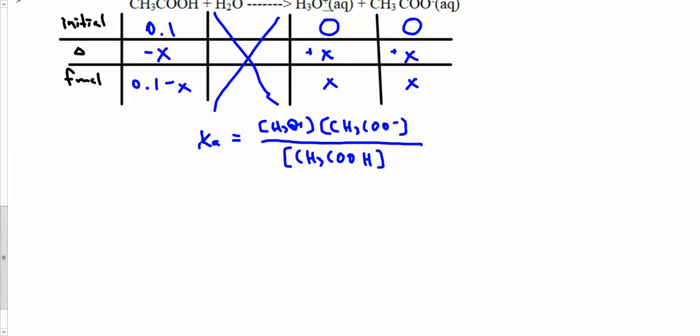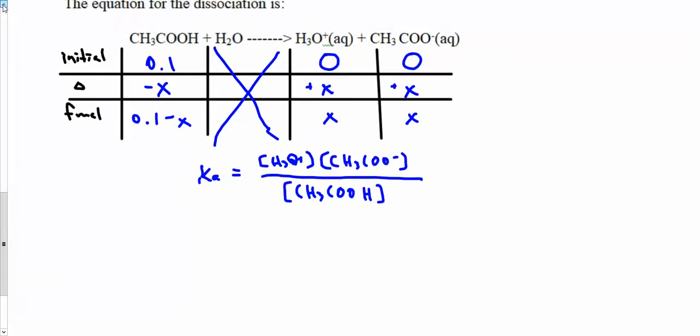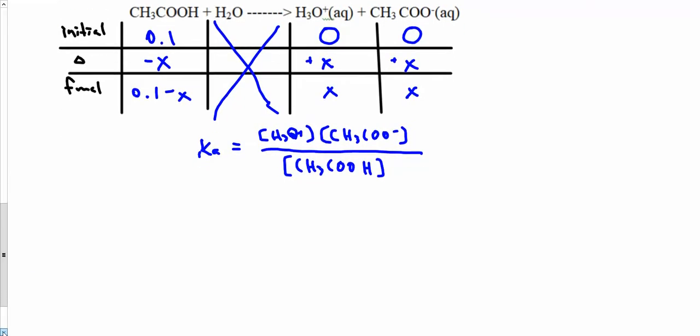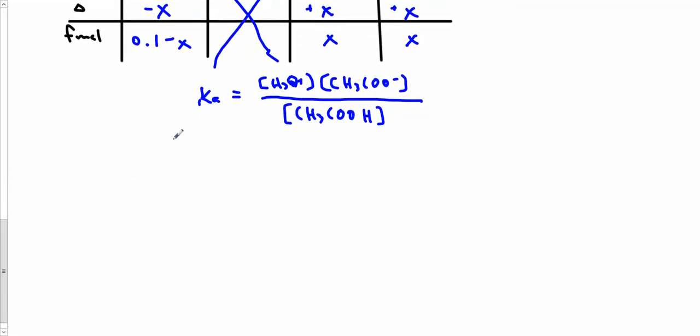One sec, let's just make sure that we remember the value for Ka. Ka is 1.8 times 10 to the minus 5, equal to x squared over 0.1 minus x.